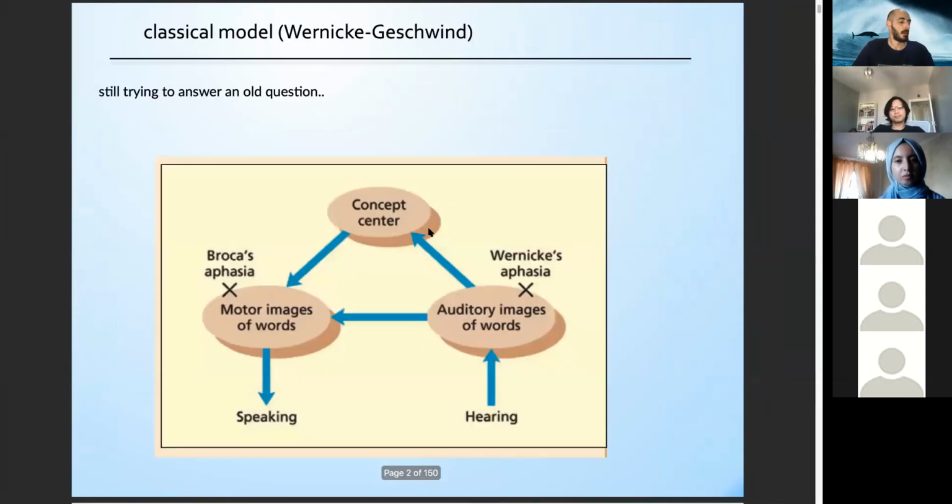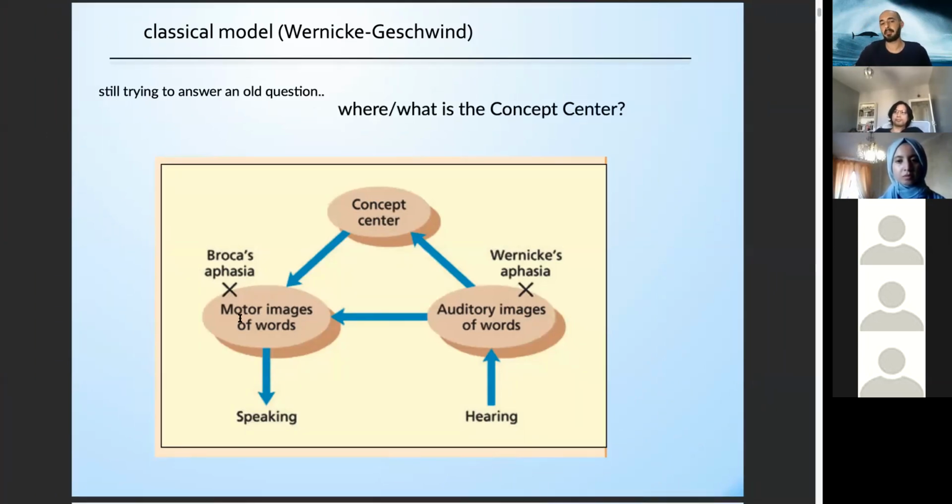Yeah. So, starting from the classic Wernicke-Geschwind model, we're still trying to answer the old question: where is the concept center? We might think that here you have syntax instead of motor images of words, and here you have lexicon instead of, or along with, auditory images of words.